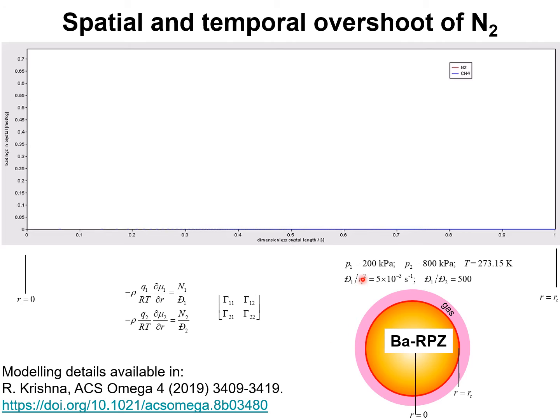We simulate the transient uptake of a binary mixture of nitrogen and methane at partial pressures of 200 kilopascals and 800 kilopascals respectively, at a temperature of 273 Kelvin, within a spherical particle of Barium-RPZ.